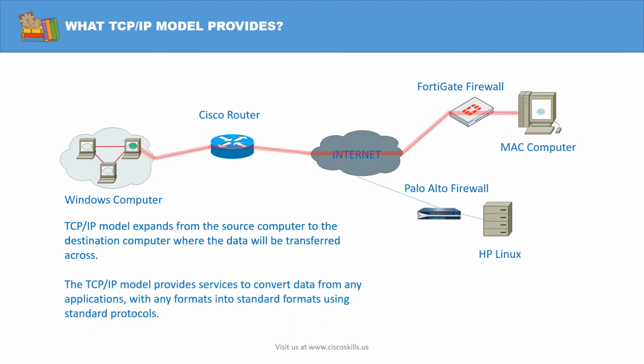TCP/IP model provides services to convert data from any applications with any formats into standard formats using standard protocols to make it possible for transferring the data between any operating systems and any networking devices.